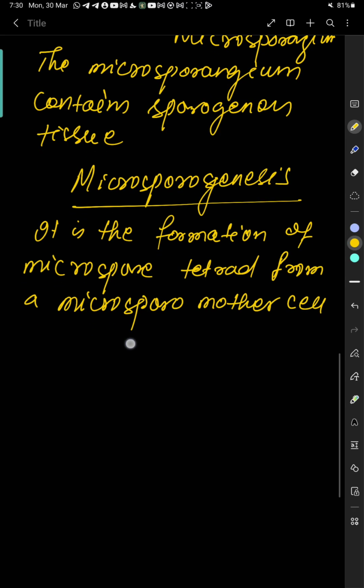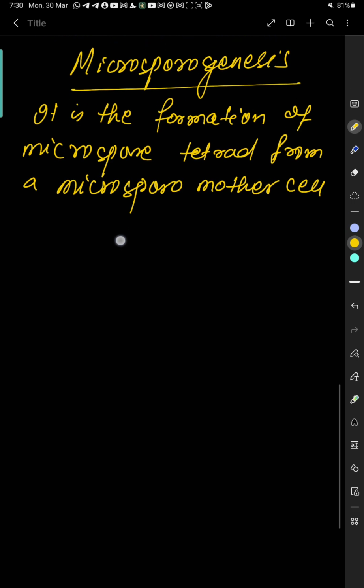Now what is a microspore mother cell? So I am giving you a schematic diagram. If this is asked in the exam, you can write it as a schematic diagram. That will be the more appropriate, convenient way of presentation.